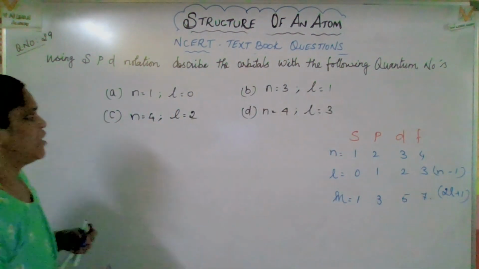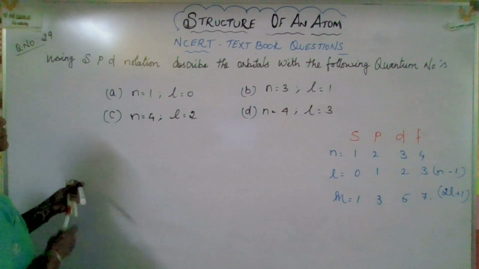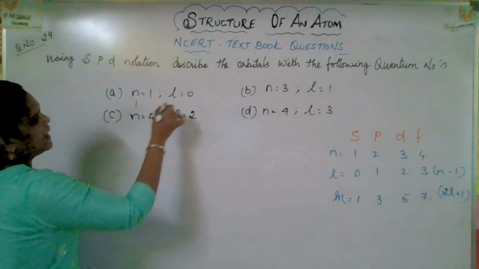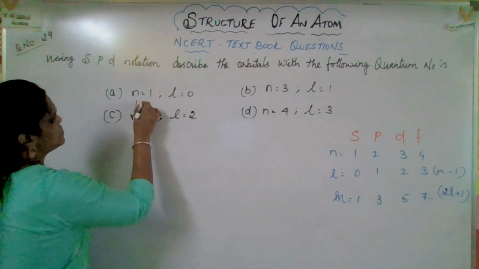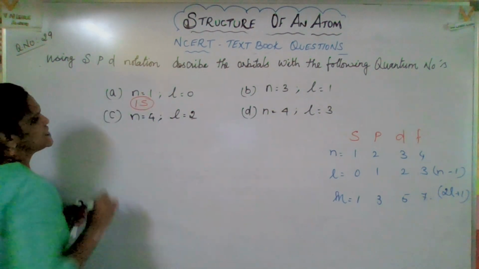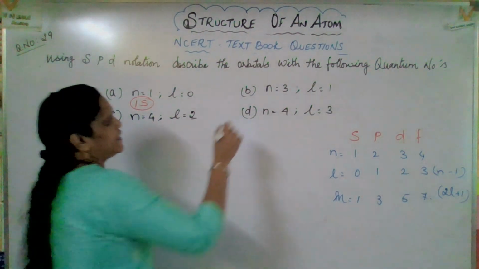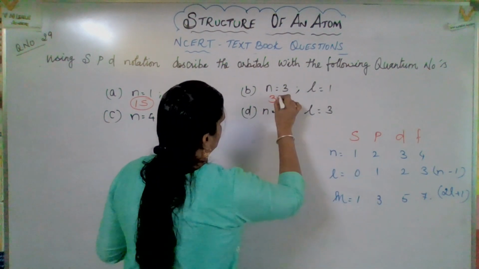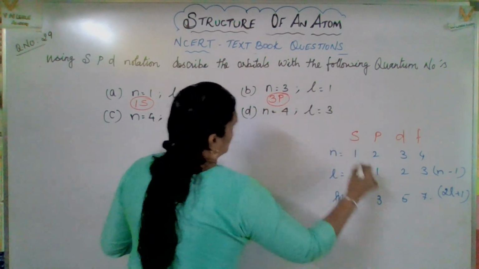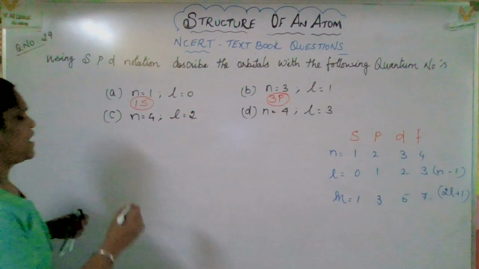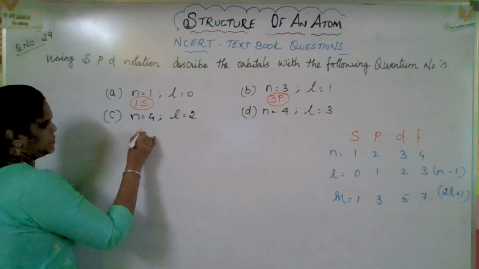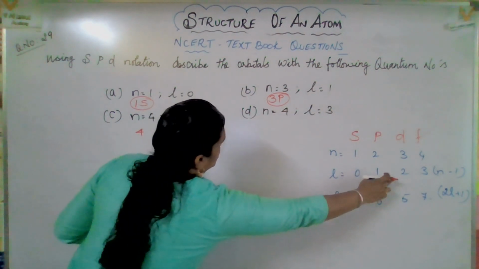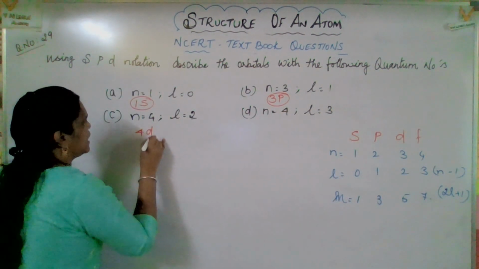Okay. Now let us find. n equal to 1, that means 1. And L equal to 0, that means 1s. This is the answer. Next, n equal to 3, that means 3, L equal to 1, that means 3p. Got it? Now, n equal to 4, that means 4, L equal to 2, that means d.